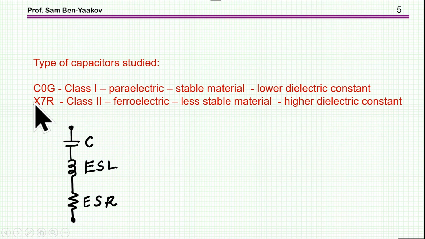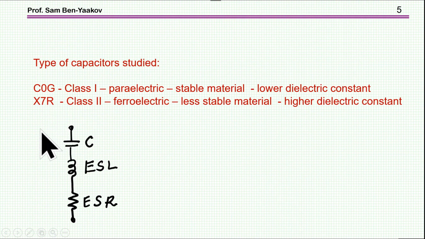So these are used for large capacitances, and these are better capacitors, but they are limited to a capacitance of about 0.1 or maybe up to 1 microfarad, and then you have to move to another material.